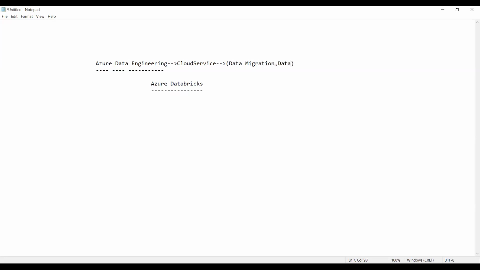The next one is data integration. The third one is data summarization. And then you have data visualization.